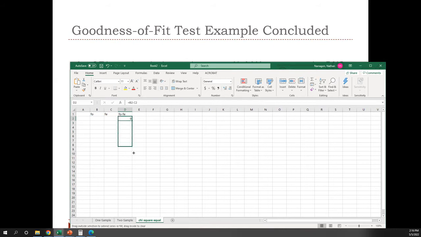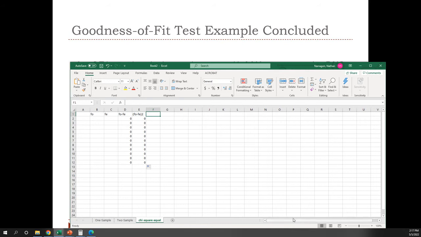And we're going to drag that down because we're probably not going to have that many observations, but that will give us a key in case we need to adjust. Then we're going to take FO minus FE squared. The easiest way is to take this number and multiply it twice instead of using the power formula. And we're going to scroll that down.